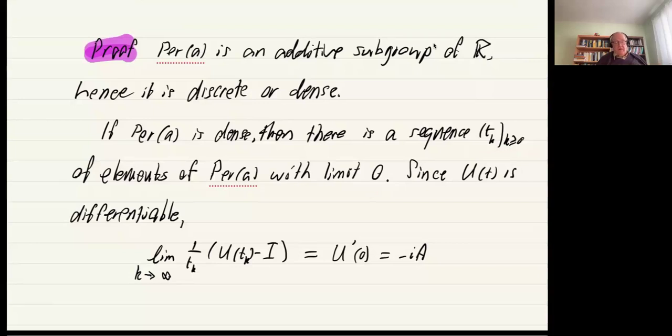Now, since U of tau is differentiable, you discover that this converges to the derivative of U of tau at 0. And the derivative of U of tau at 0, do I really want a minus in there? What do you think about that? No, it's not going to play any role anyway.